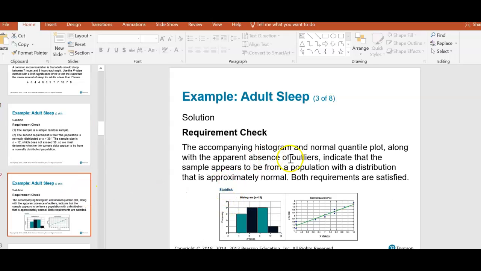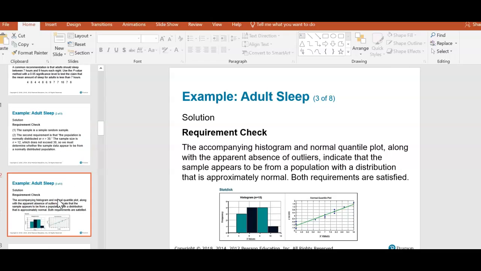If you do a histogram, you can see it looks relatively normal, and then they went a step further and did this normal quantile plot, which is something that you can do in StatCrunch. We did it previously, and you can see that it also looks approximately normal there, pretty close to the line, so they're going to say this is satisfied.